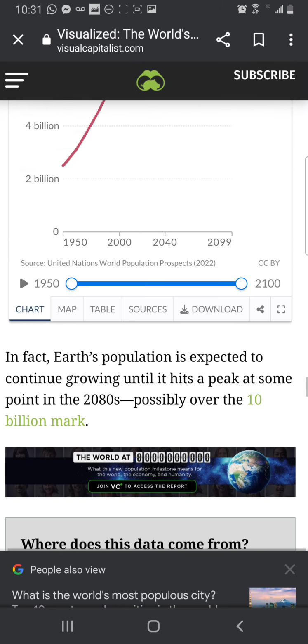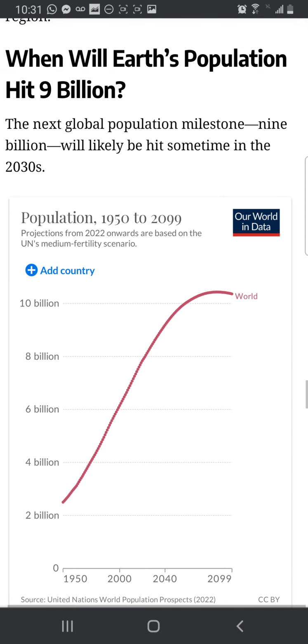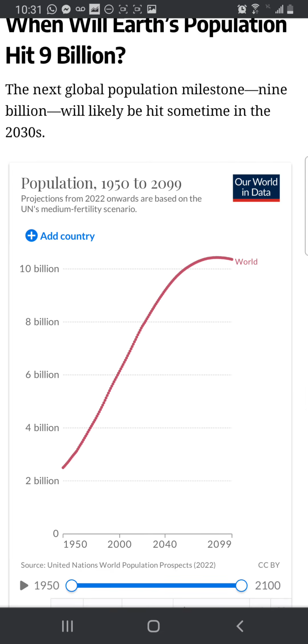How do you know this? How can you speculate that? So look at the population from 1950 to 2099. We're in 2022 and you talk about 2099. Most people never even think about the next week and you talk about the next 100 years.